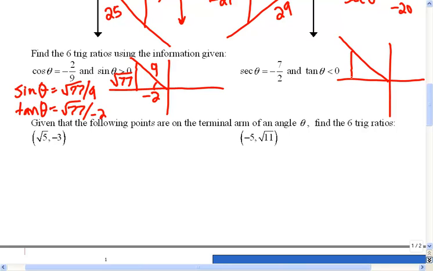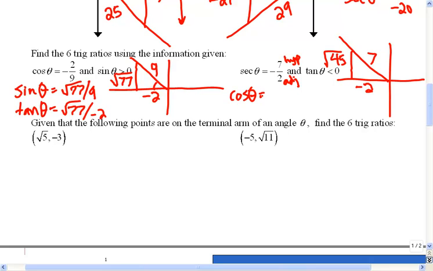It says here secant, this is the hypotenuse over the adjacent. So this is going to be 7, and this is going to be negative 2. So this would be root 45. So I can find the rest of the ratios. Cosine's easy.